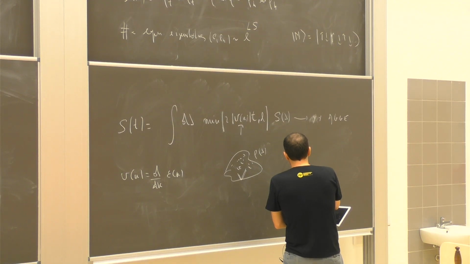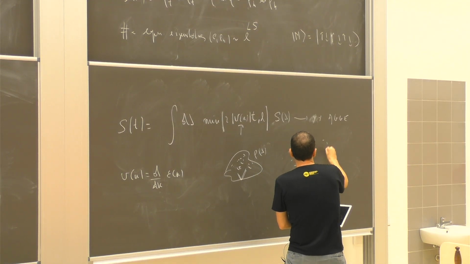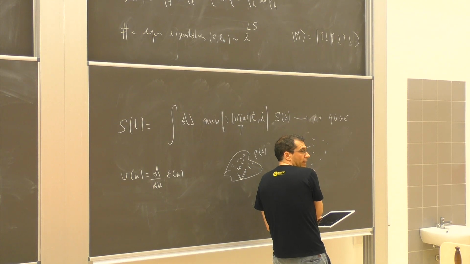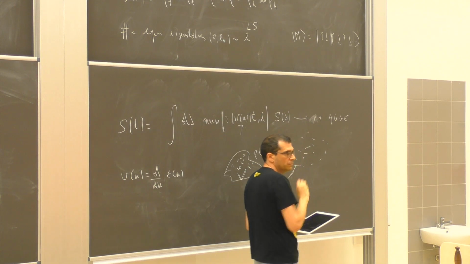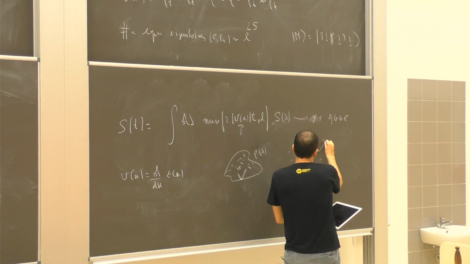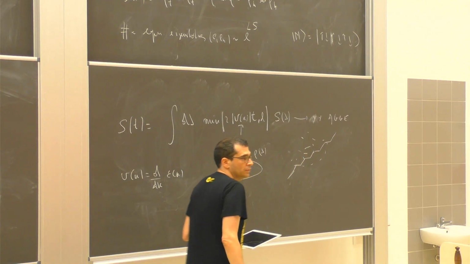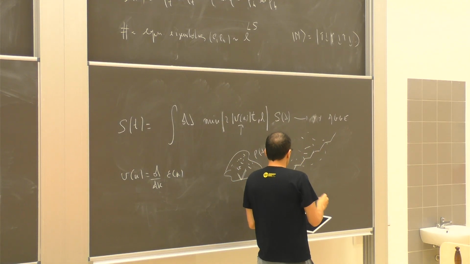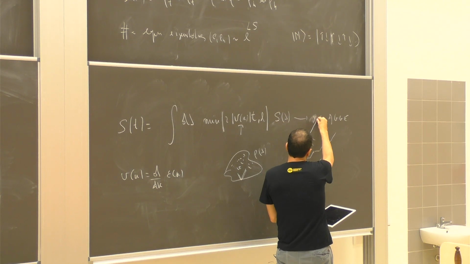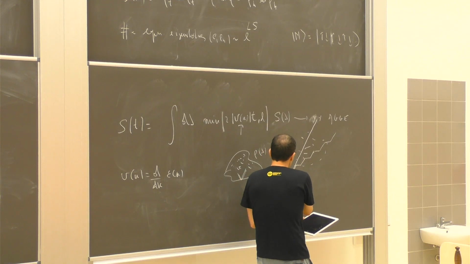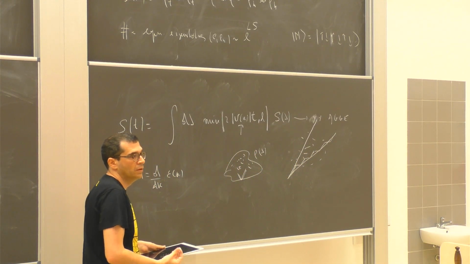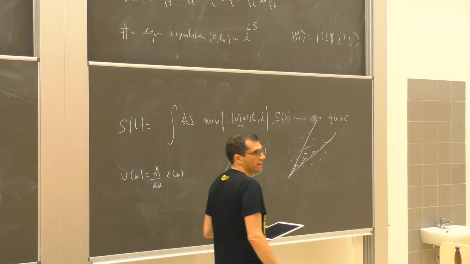If you have a particle that travels in surrounding particles, it will scatter with these particles, and you can account for the scattering by a shift. Each scattering will give a shift. If the particle were not interacting, then the trajectory would be this one. But due to interaction, this velocity is modified. So it's a dressed velocity due to the scattering.